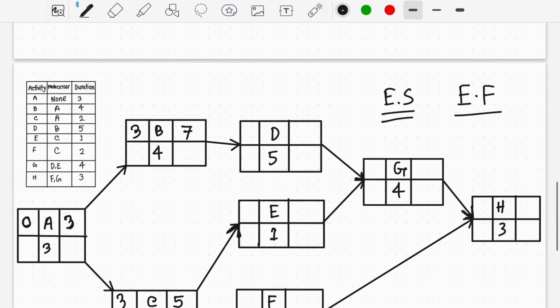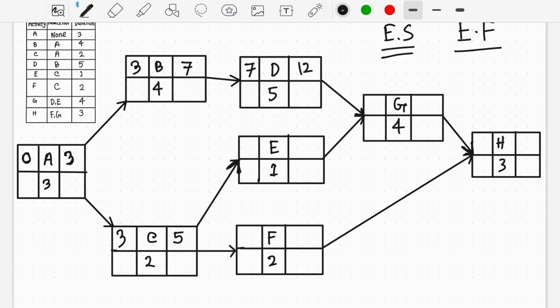In the same way, the D activity will start when the B activity finishes, after the 7th week. So 7 plus 5 will be 12. Then the F activity depends on C activity. When the C activity finishes, the F activity will start, and the same for the E activity.